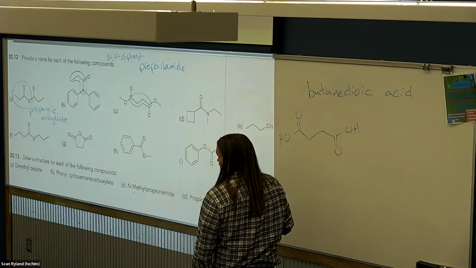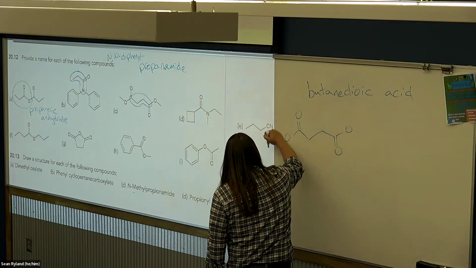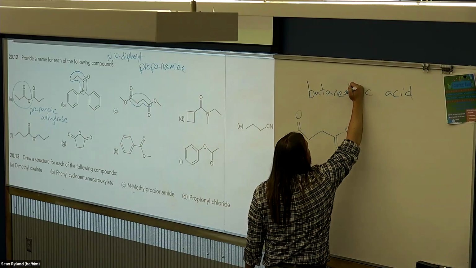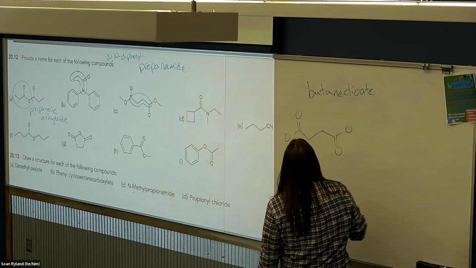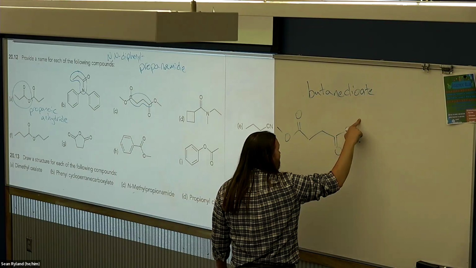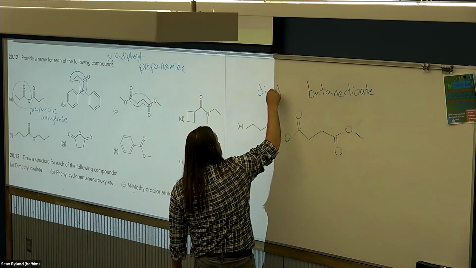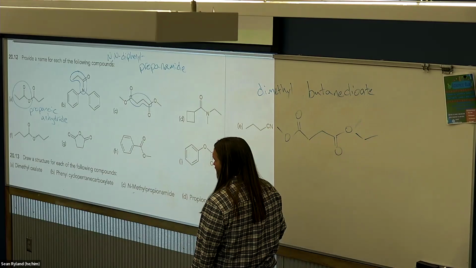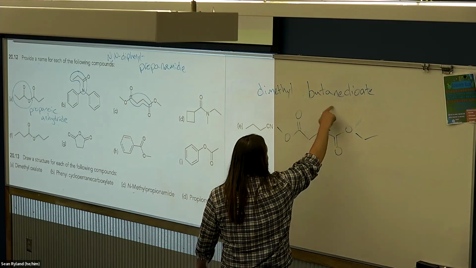To make it an ester, we drop the H from both sides. And now it's not butane dioic acid, it's butane dioate. And in this case, because it's a methyl on both sides, we would say as a separate word, dimethyl. If it wasn't the same group, if it's an ethyl on one side and a methyl on the other, we'd say ethyl methyl butane dioate.